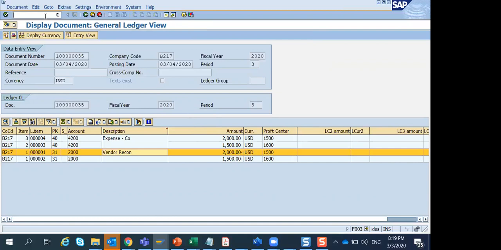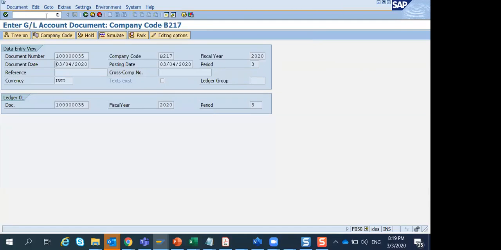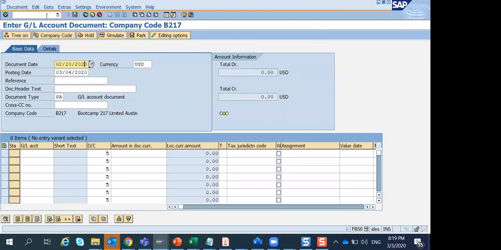All right, so let's try this. Now I'm going to do FB50. I'm going to do something else, something funny. Just a simple transaction. Same GL account, 4200, debit and credit, the same GL account.